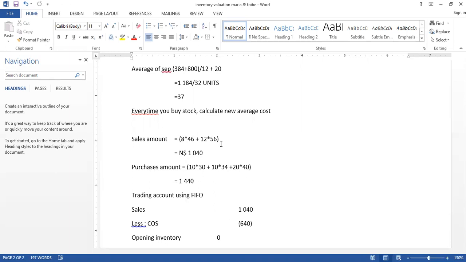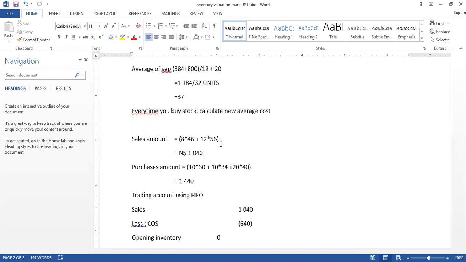Okay. So you are told that you sold 8 items at the price of 46 Namibian dollars. So each unit you sold at 46 Namibian dollars, right? Yes. And we said that the 46 and 56 are the selling prices, and we do not use them in the table. But when you're asked to calculate our sales amount, that's when we use them.